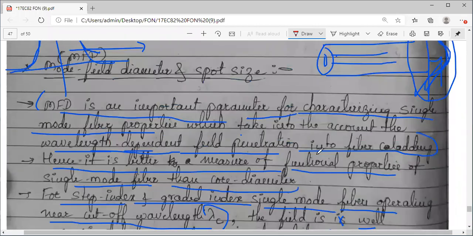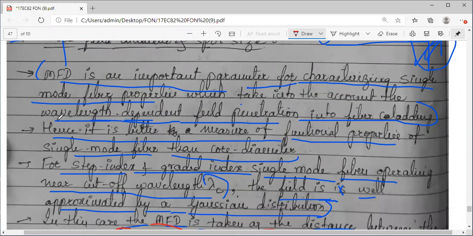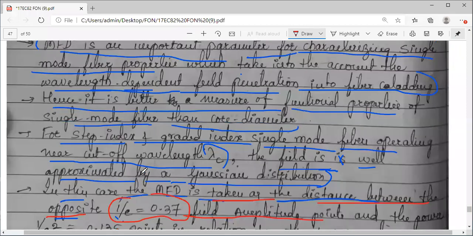So what is mode field diameter? It is giving you how much field is concentrated in the core region and how much field penetrates into the cladding. That measure is given by this mode field diameter. So it is giving you the field diameter, not the physical core.